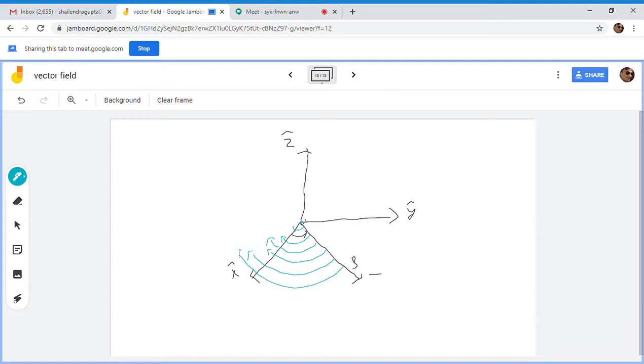At the origin it is very low, and at higher rho it is very high. It is like a tornado, rotating, with minimum velocity at the center and higher velocity at the circumference. So this is what you can feel: a vector field that is rotating, whose velocity is 0 at the origin and higher as you go toward the circumference.